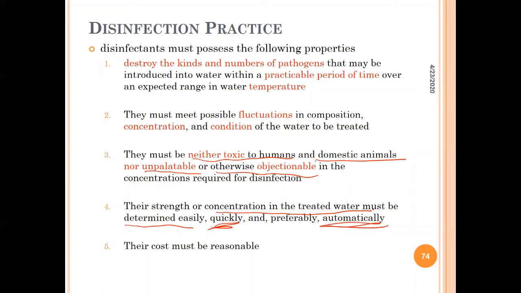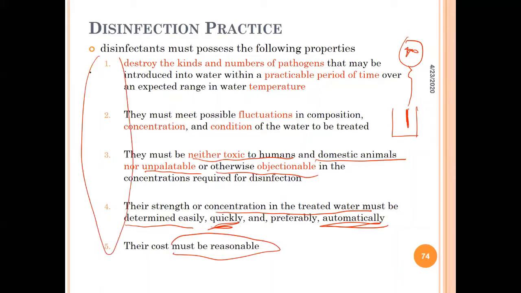You put a probe in the water, just leave it there, and that gives a signal somewhere, and you can read it, like a meter. And cost must be reasonable. It should be cheap. So a disinfectant must have these properties.